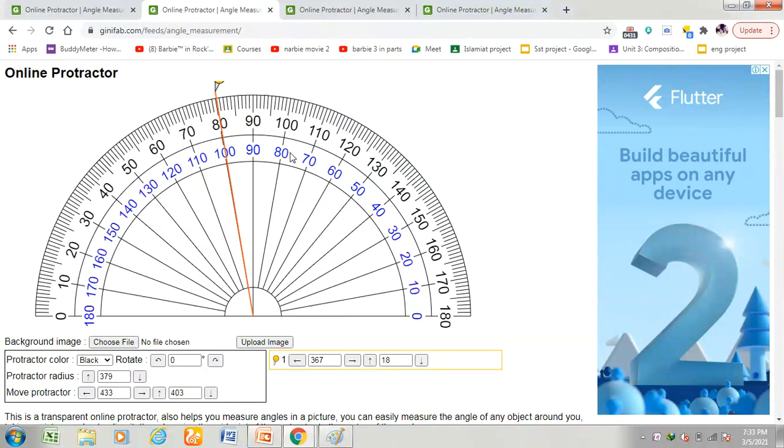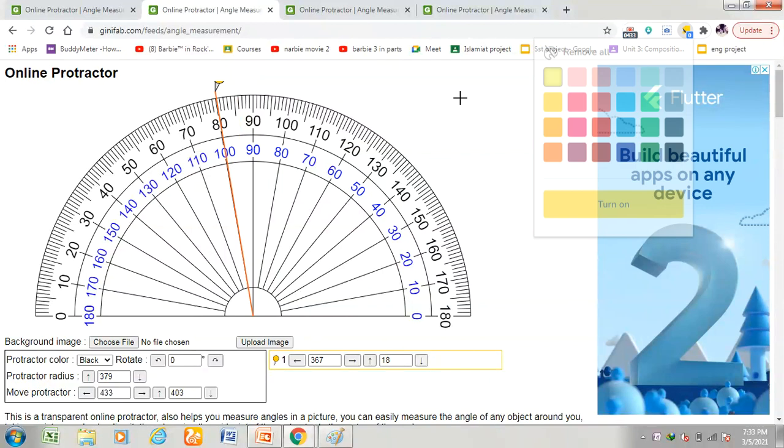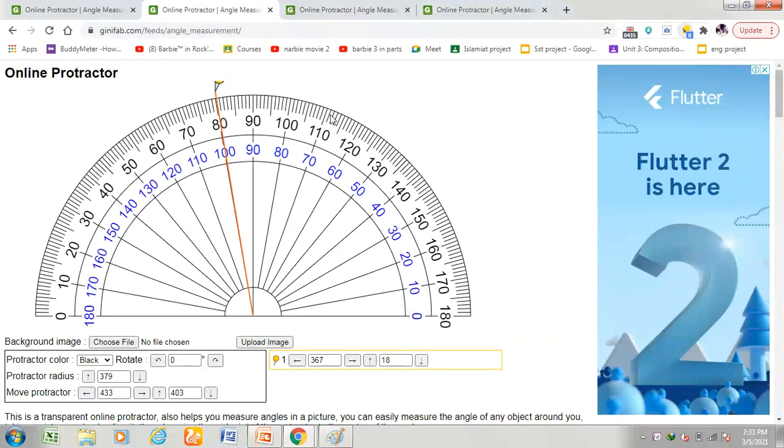Some people are confused at this one, this thing, this thing, and this thing. What to do about that?